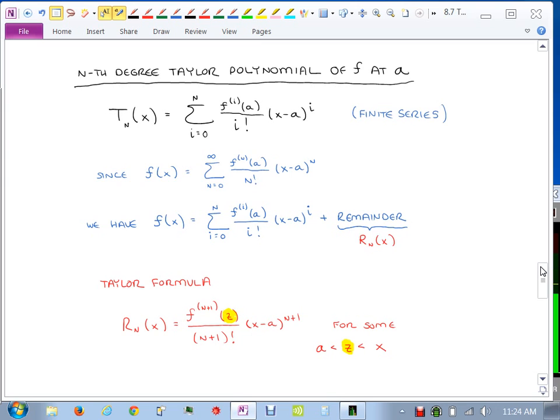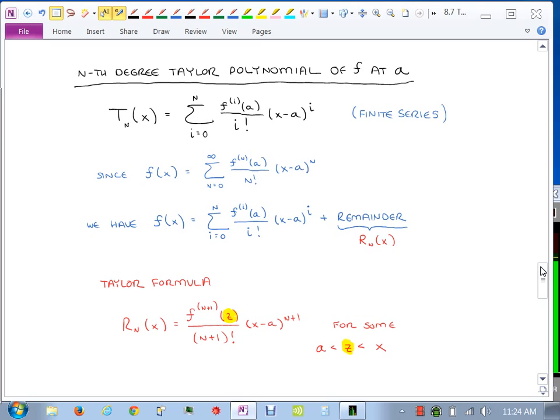All this says is, if we take this right here and we start at 0 and end at n, so instead of going from 0 to infinity, I'm going from 0 to n. And then that's the Taylor formula right there, right? We found that formula for the c sub n's. This is just a finite series. So I'm going out and at some point stopping. We call that the nth degree Taylor polynomial. Because if we stop somewhere, isn't it just a polynomial? A finite polynomial. And that would be our approximation.